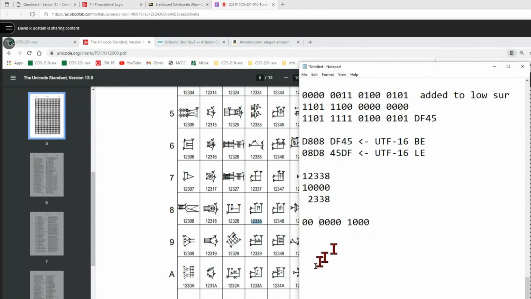Now there's 10 bits. There's 10 bits. We have to turn them both into 16 bits. So that means we have to add some leading zeros. We need 6 on each of them. We need 4 of them, and then 2.